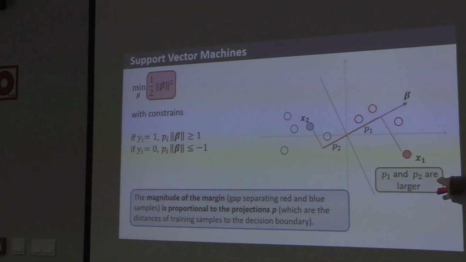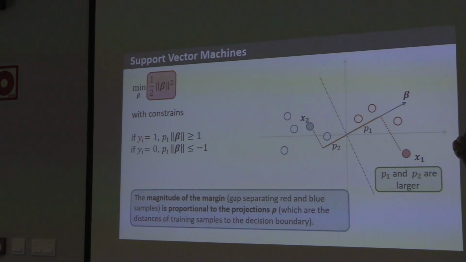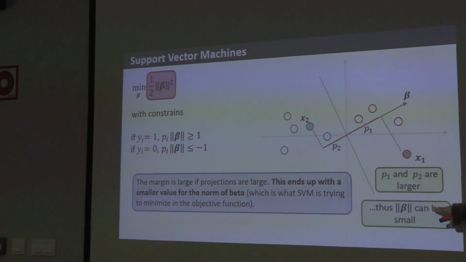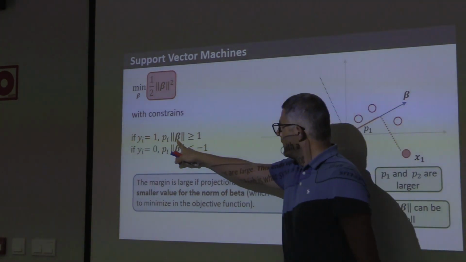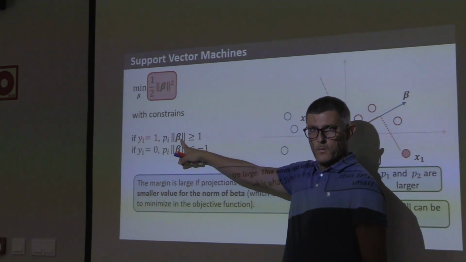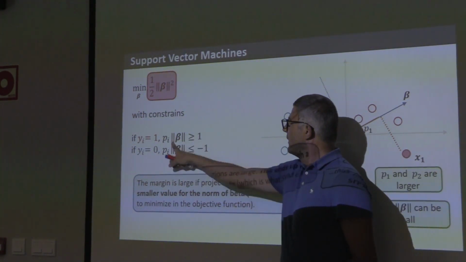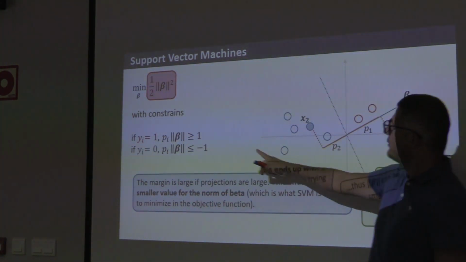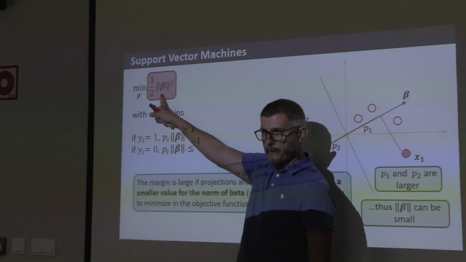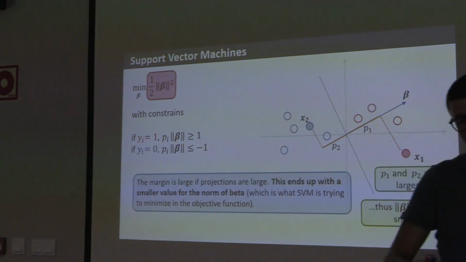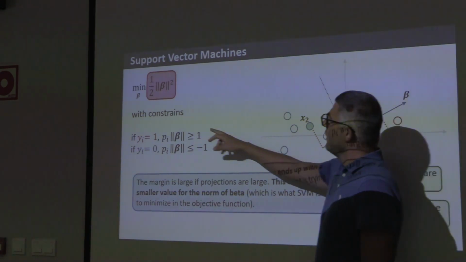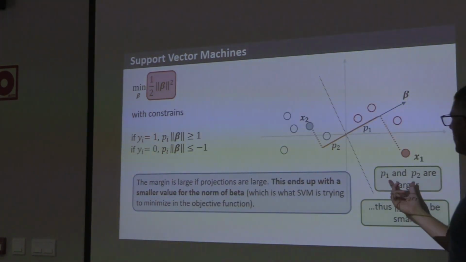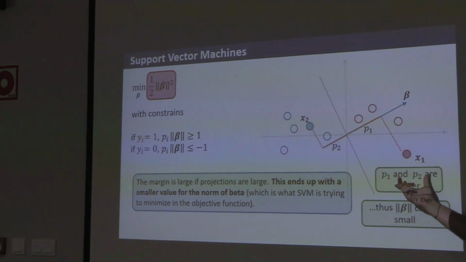Here, these projections are higher than before. That means that this can be lower, to respect these constraints. And having small coefficients is what we want. You can also look at it the opposite way. We put very low coefficients so that this projection must be very high.